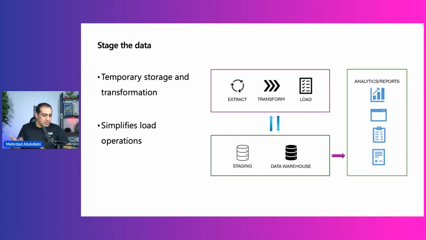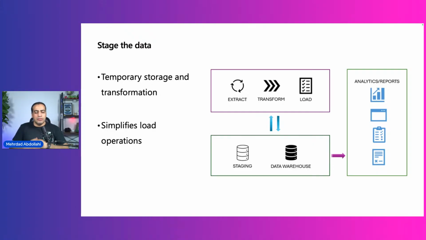Here is a design pattern, also called medallion architecture, in which your data comes in 3 layers: bronze, silver, and gold. In bronze, it is the raw data. There is no transformation on that, no filtering. Everything is there as raw data.